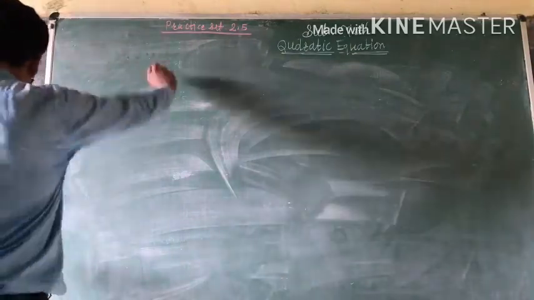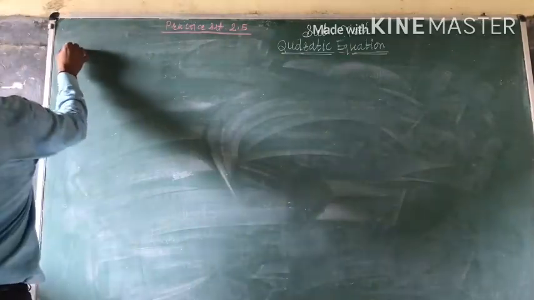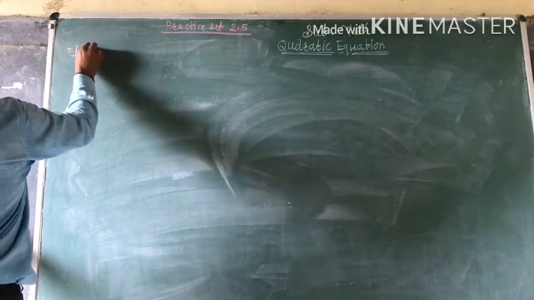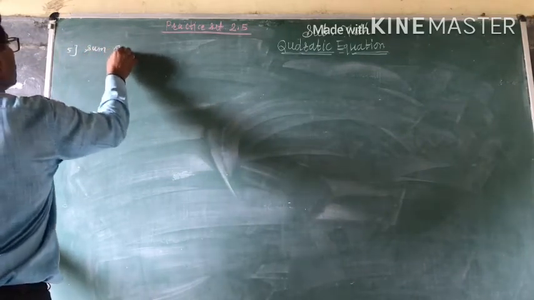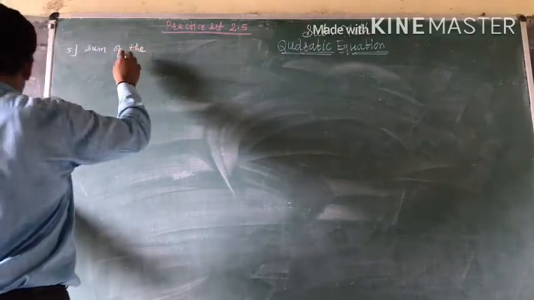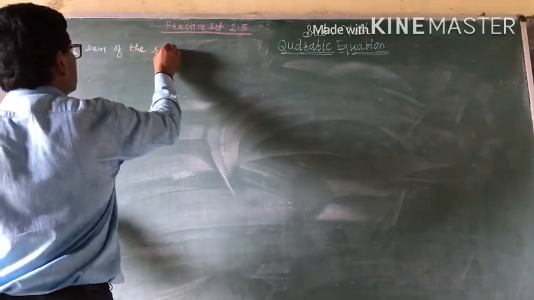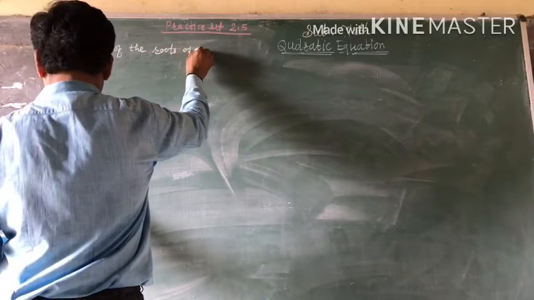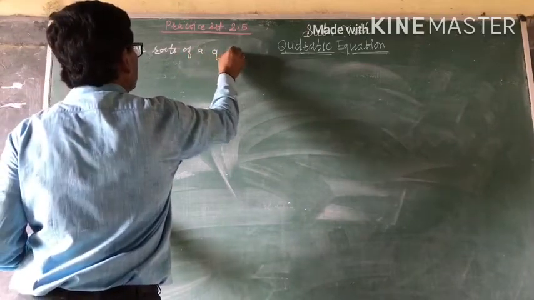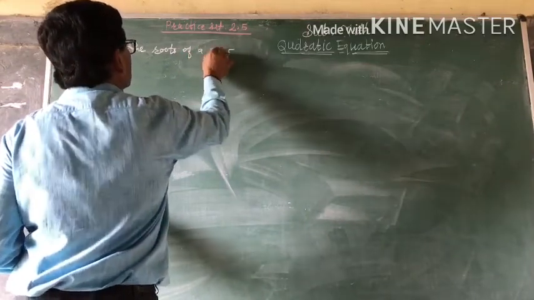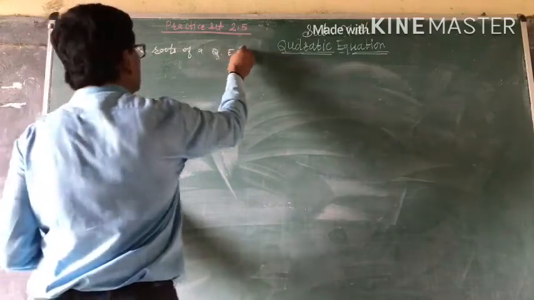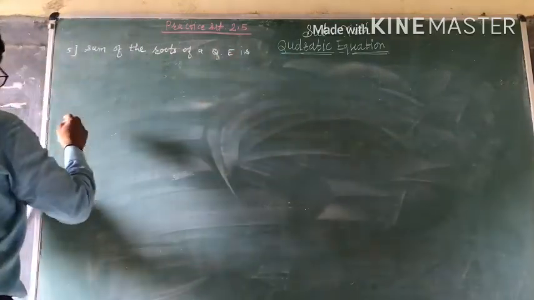Sum of the roots of a quadratic equation is double their product.